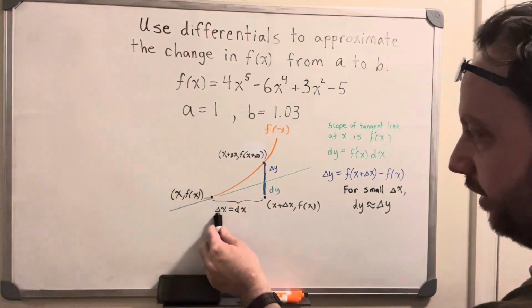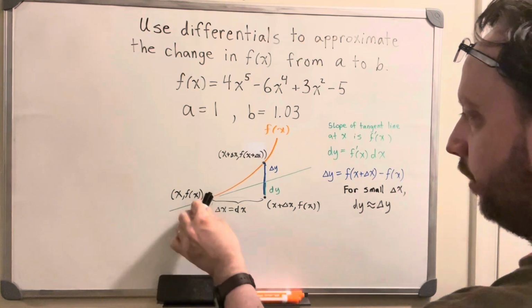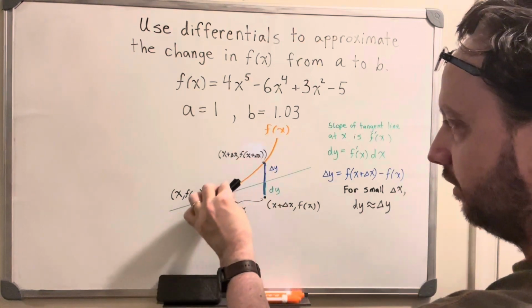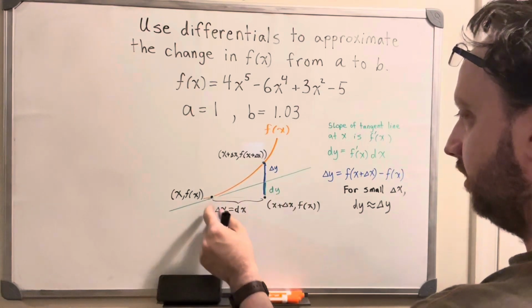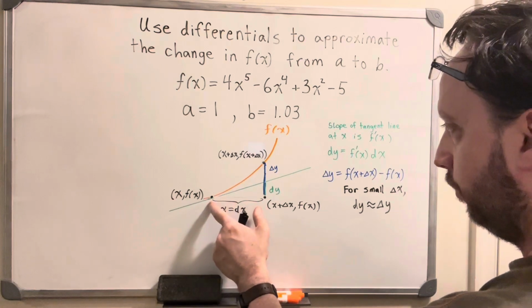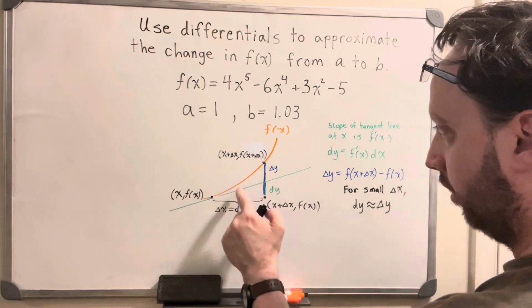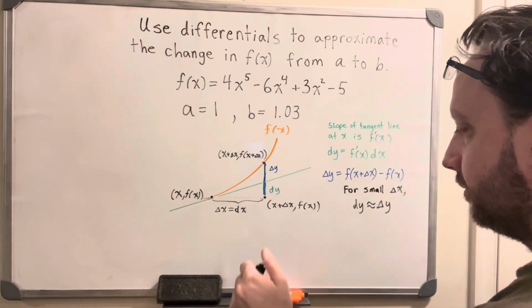Now you see how I wrote delta x equals dx? So I'm saying whether you're moving along the function or along the tangent line, you move that same distance in the x direction. But now we're talking about the tangent line.